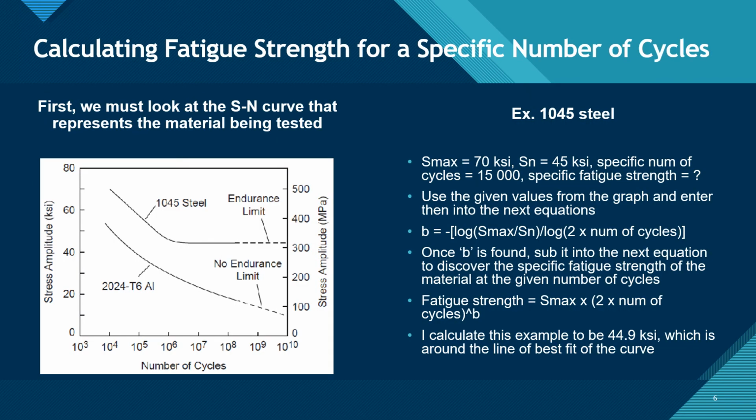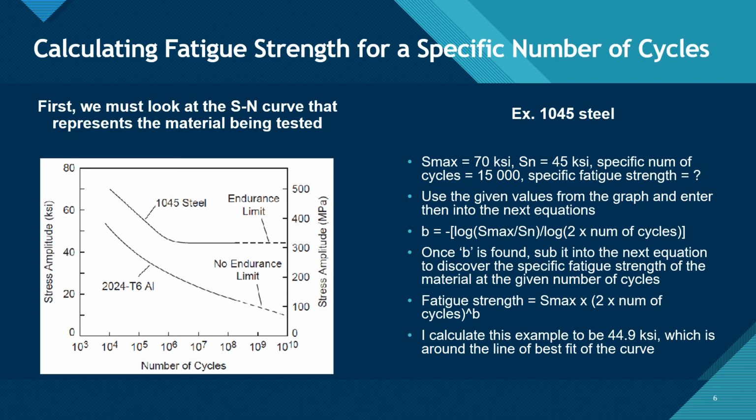How to calculate the fatigue strength for a specific number of cycles. In this example, I used the 1045 steel in the picture to the left, and I have calculated some given values from the chart to be used in this equation. First, we must use the equation where b equals negative log of (S max, which is the first point, divided by Sn, which is the endurance limit), divided by log of 2 times the number of cycles.